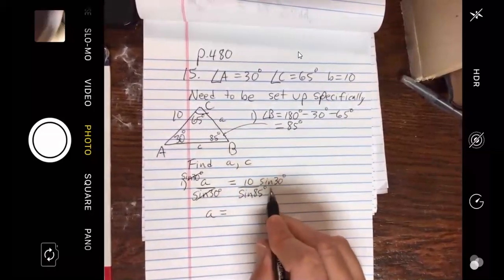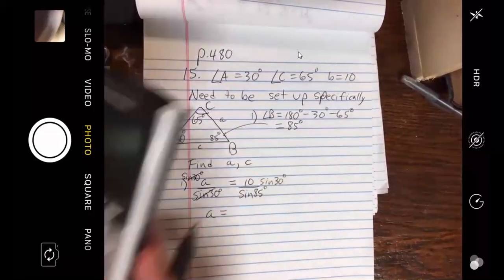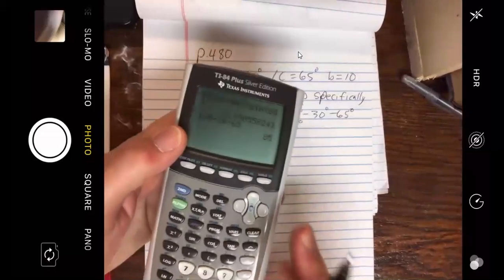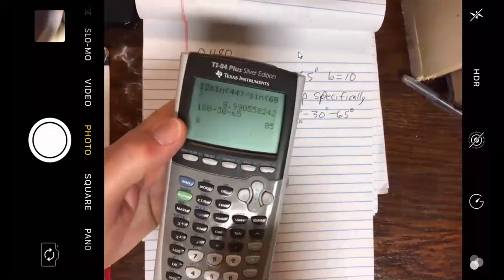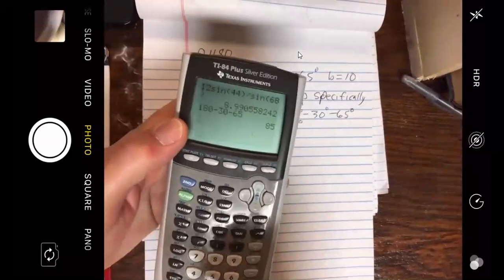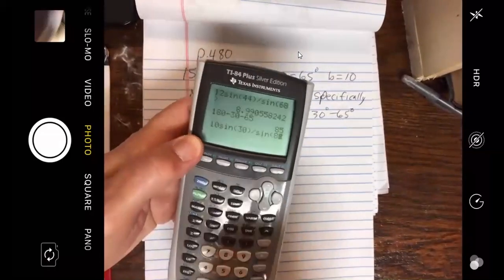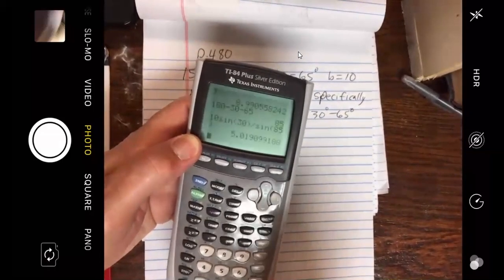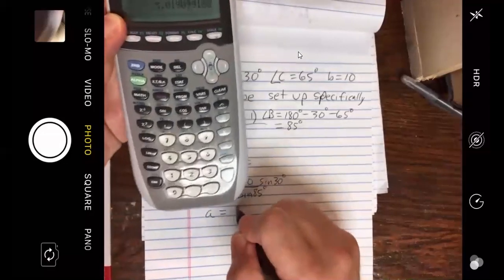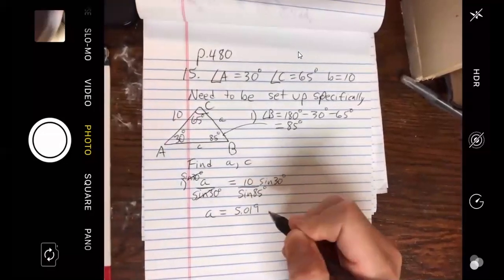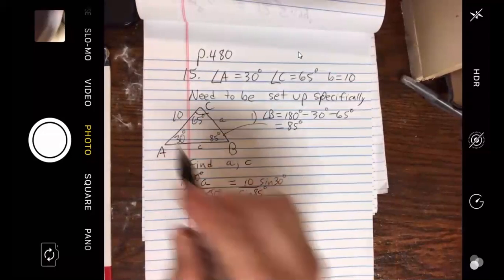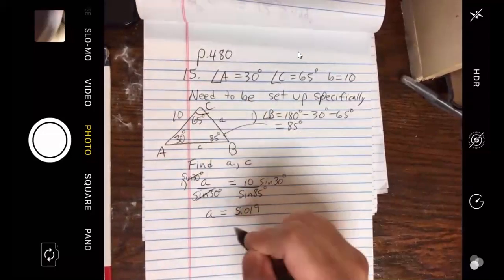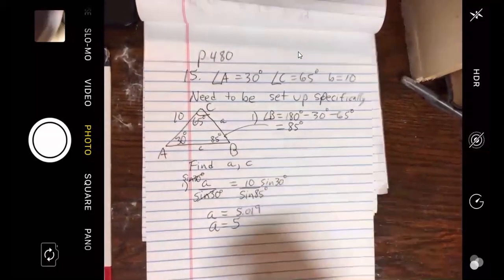So 10 sine 30 over sine 85. 10 sine 30 divided by sine 85 is 5.019. Seems to be whole number precision, so we will call that A equal 5.